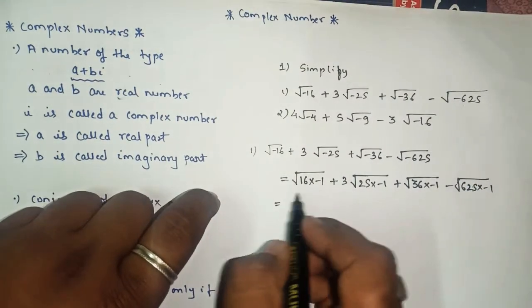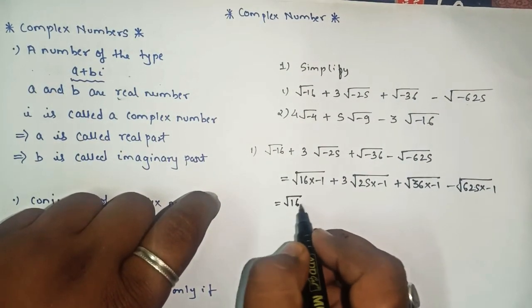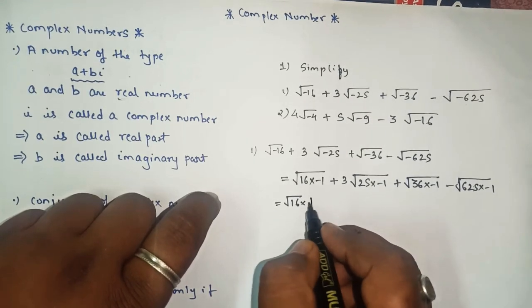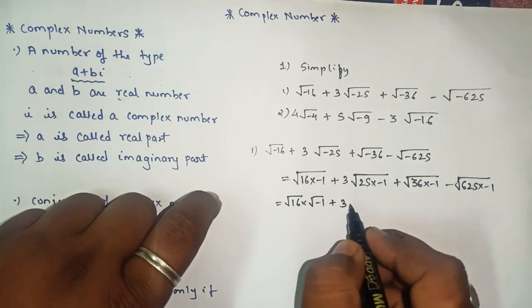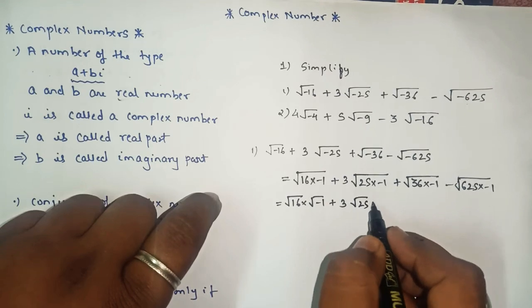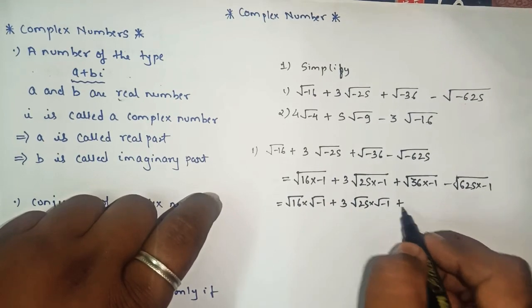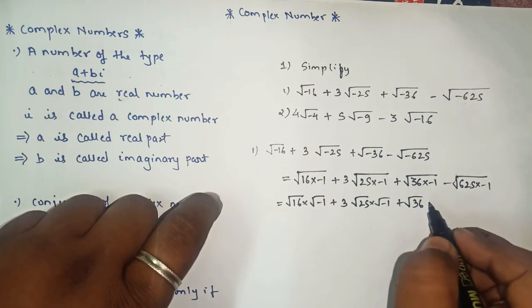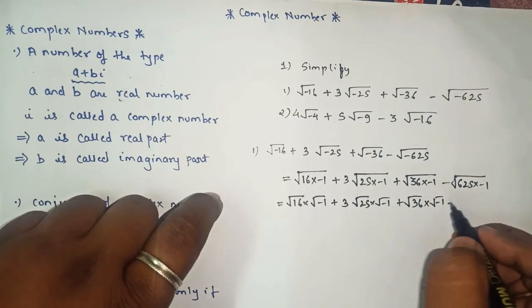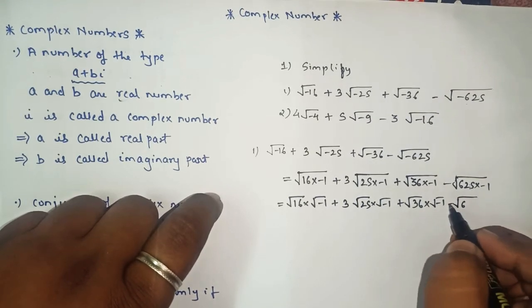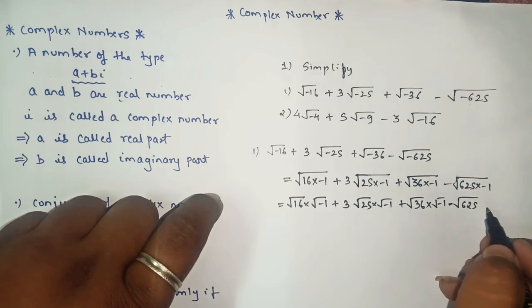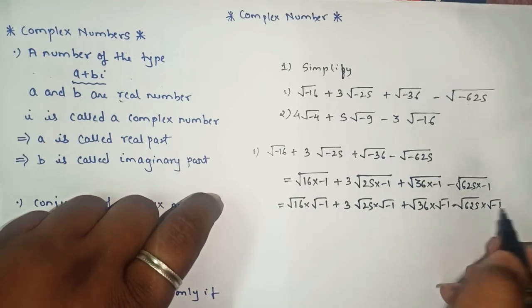Further this can be done as root 16 into root minus 1, plus 3 root 25 into root minus 1, plus root 36 into root minus 1, minus root 625 into root minus 1.